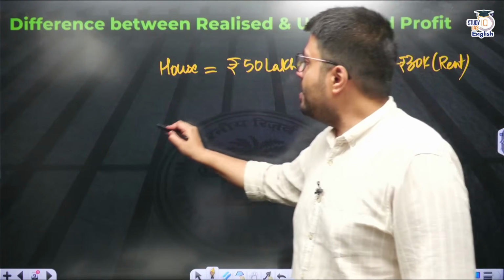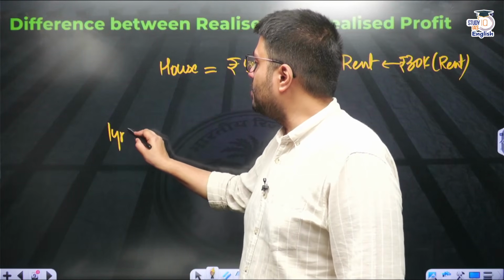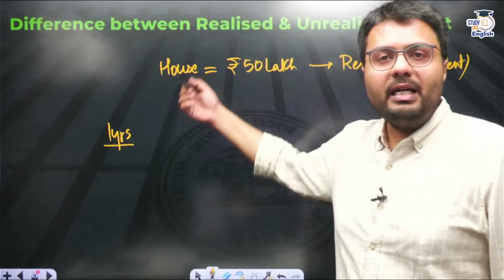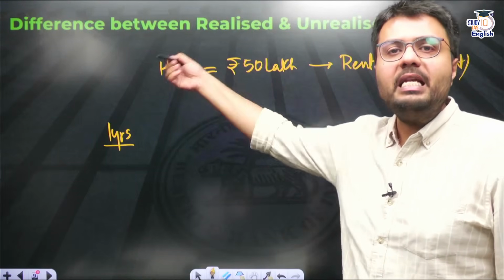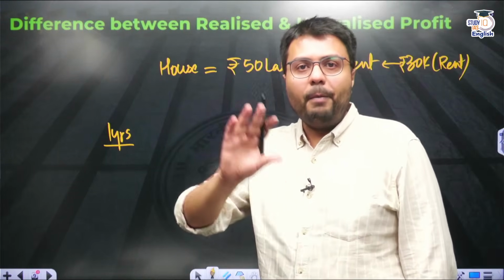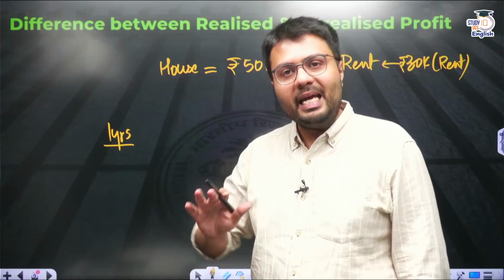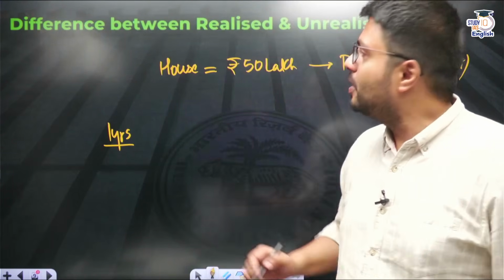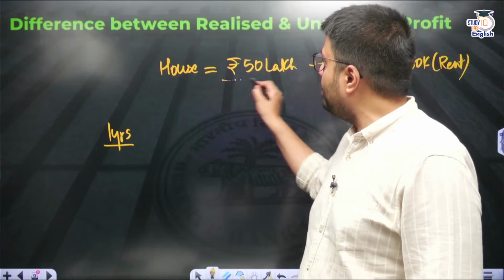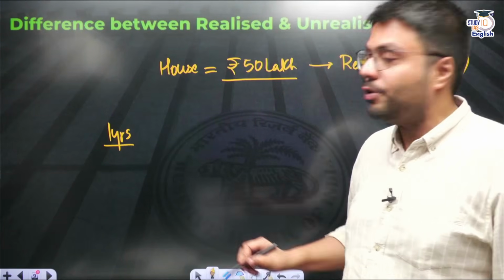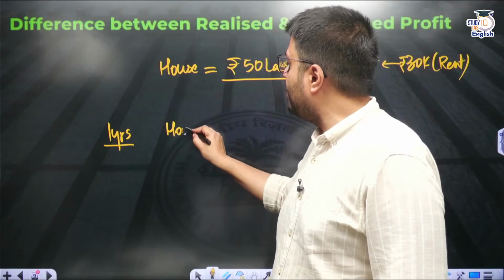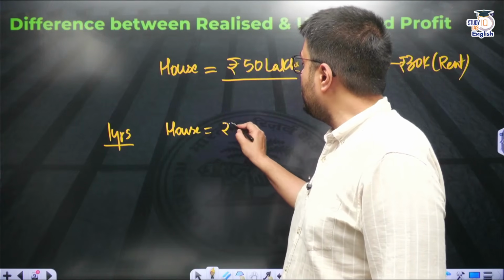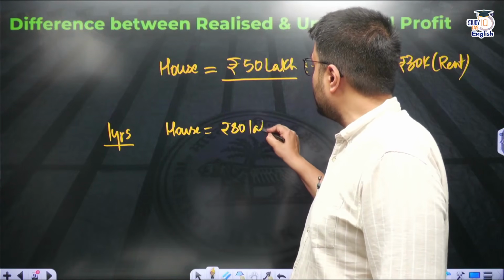Okay. Now, in the span of the next 1 year, suppose the government announces that it is setting up a metro line near your house. When such public infrastructure announcements are made in any particular area, the property rates of that area rise. So in the span of 1 year, the house which you purchased last year for 50 lakh rupees, now the value of that house increases to 80 lakh rupees, right?